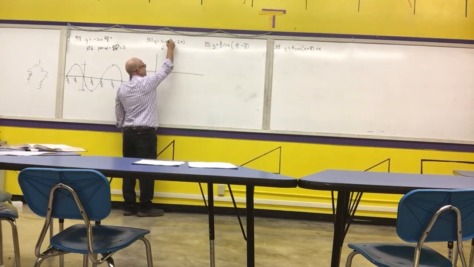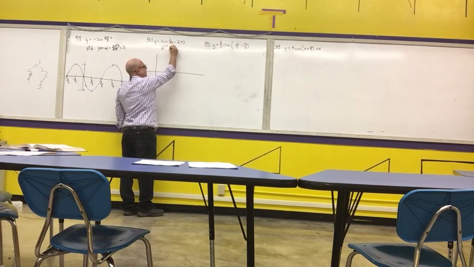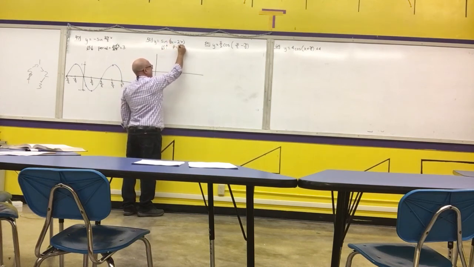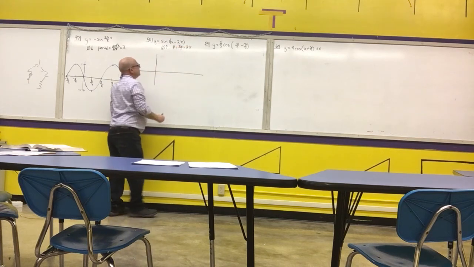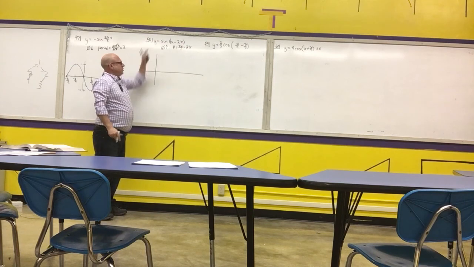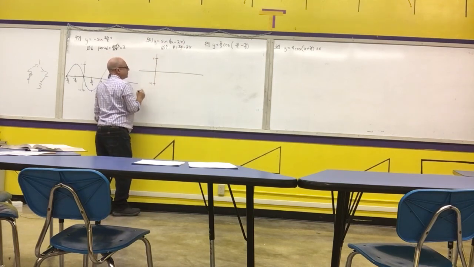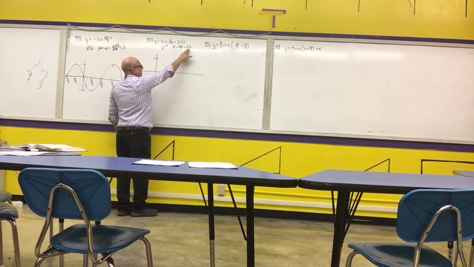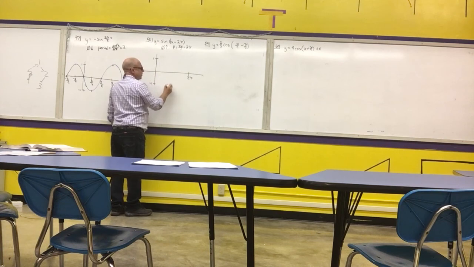My period is 2 pi divided by the number in front of the x. So 2 pi divided by 1 is 2 pi. I have no amplitude changes, so my maximum and minimum are again going to be 1 and negative 1. What I'm going to do now is mark off 2 pi, because that's one full period, and divide it into fourths.